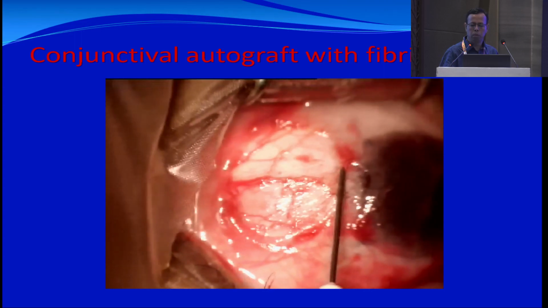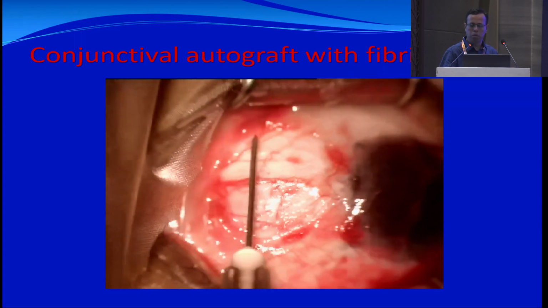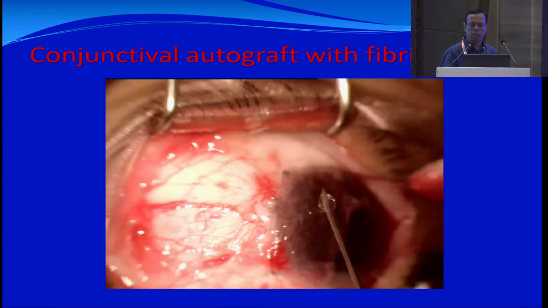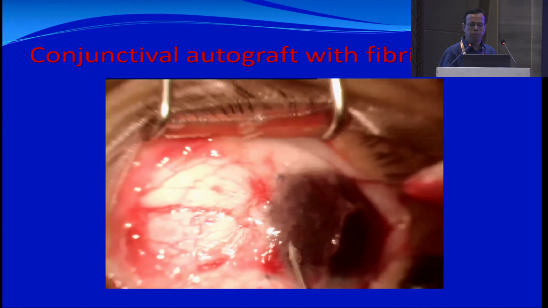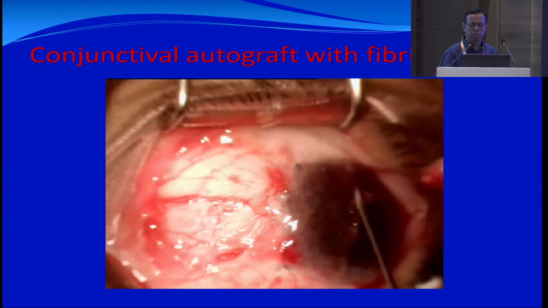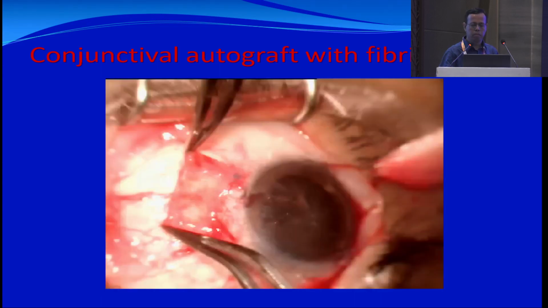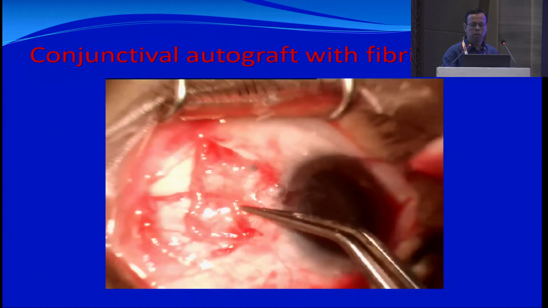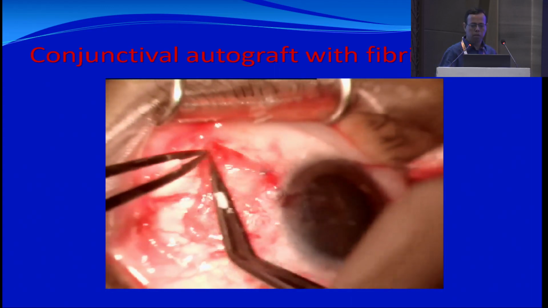One component is applied on the scleral bed and another component on the back surface of the graft. And we have to just slide this graft, and we have to spread it evenly, and we have to apply just pressure over this.